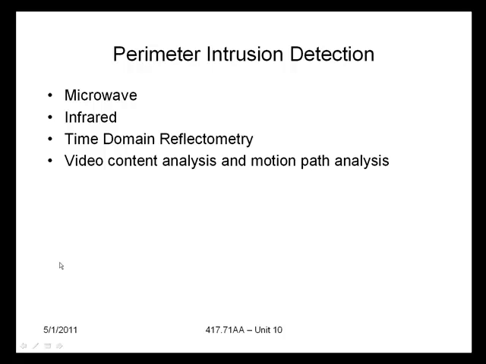Now, perimeter intrusion detection involves several different types of detection systems. These are microwave, infrared, time domain reflectometer, and video content analysis and motion path analysis. Microwave uses a controlled pattern of microwave energy into a protected area.